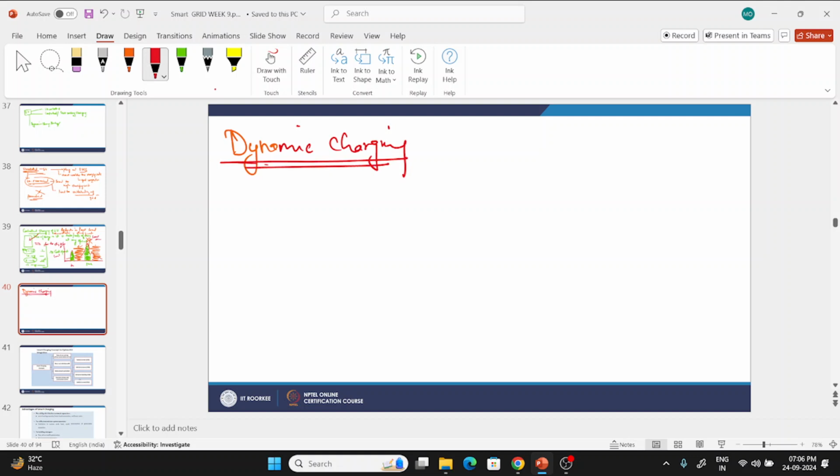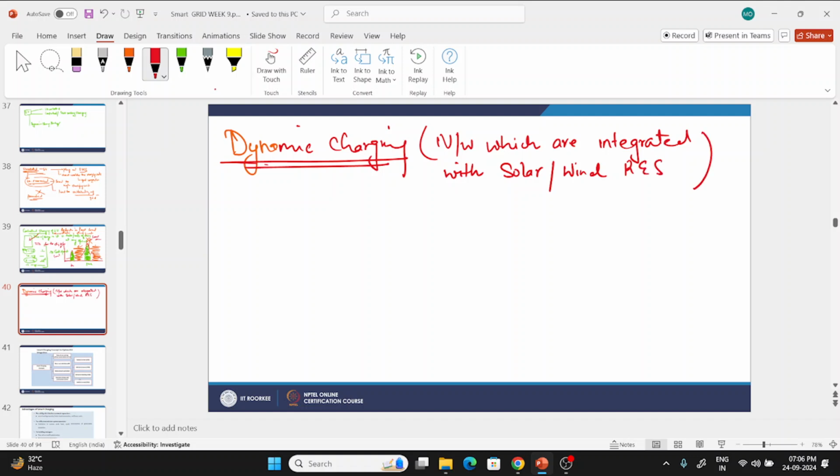Why is it different from controlled charging? In dynamic charging, it is done in networks which are integrated with solar or wind renewable energy sources. For example, let's take solar.